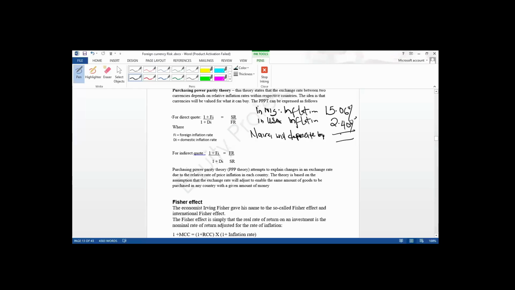You begin to appreciate why Naira is depreciating. You begin to appreciate the reasons why 1 Naira is not equal to $1. The difference, 12.66.